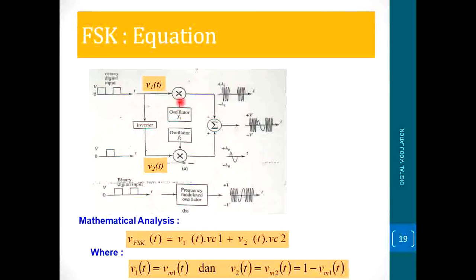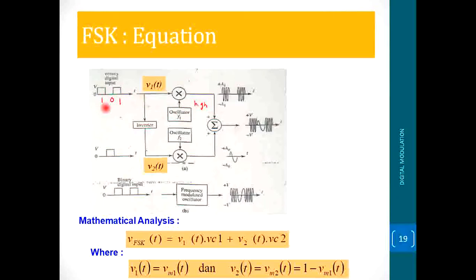Okay, this is one example of how to generate the frequency shift keying signal. We have the digital input of 101, and then it goes through as V1, and then V1 is multiplied with F1, the frequency 1, which is the high frequency.